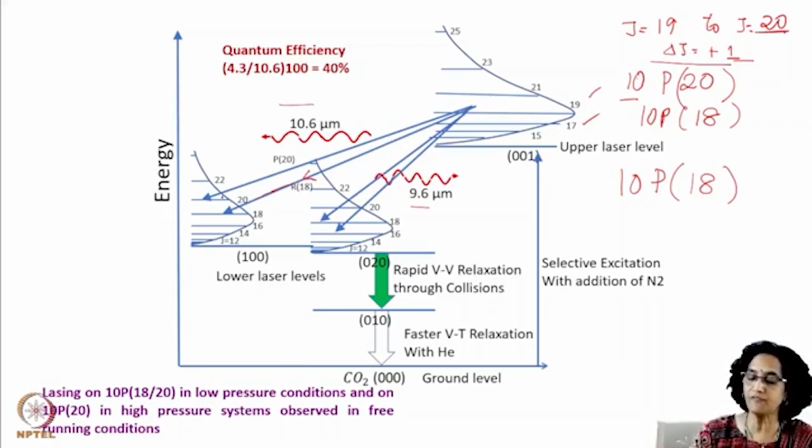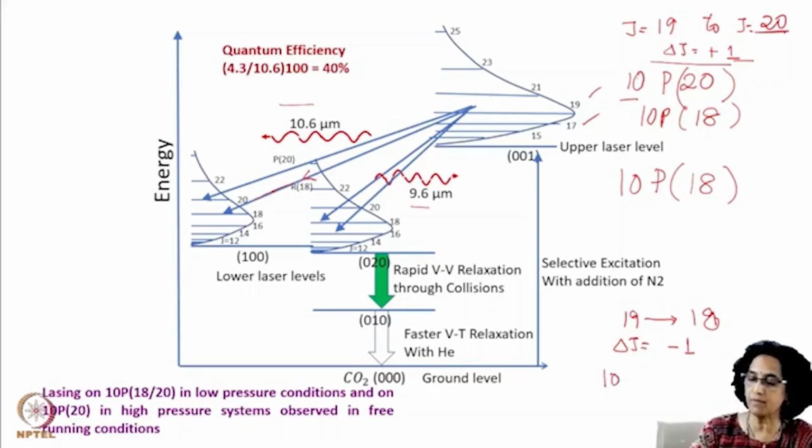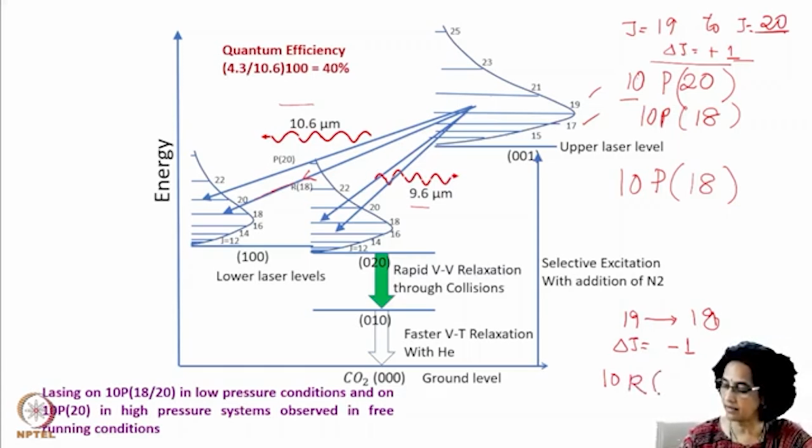Similarly, if you want to think of 10R branch, then delta J should be, for example, from 19 to 18, right? When it comes from 19 to 18, delta J is minus 1. And because it is still in the 10 micron band, that is 001 to 100, that is 10 micron band, this is 10R18.